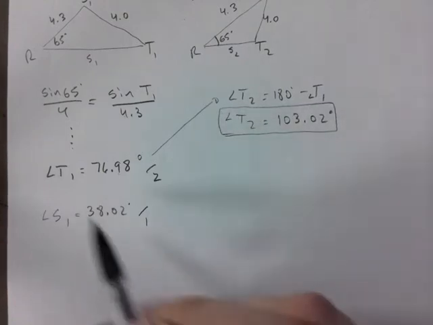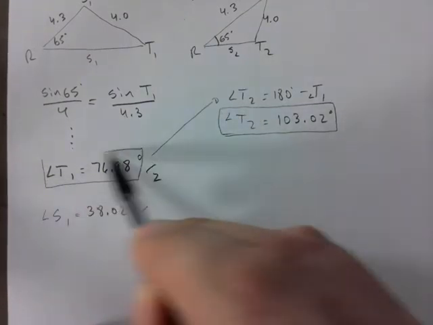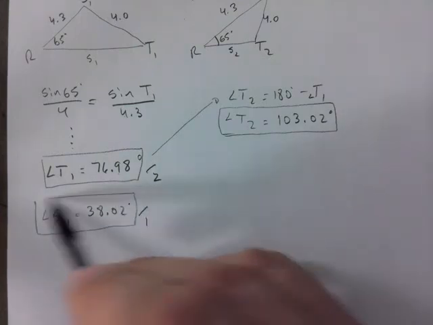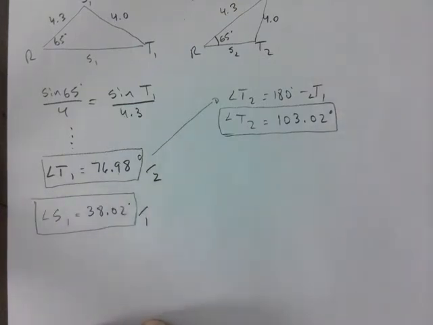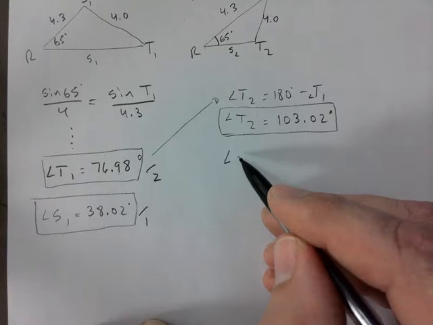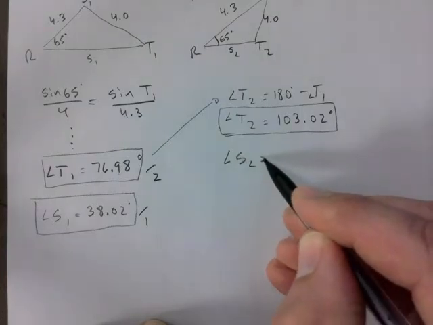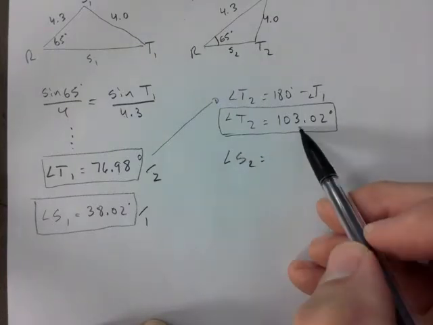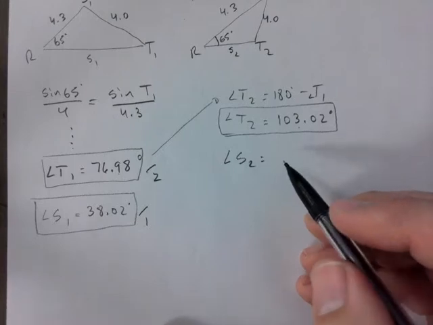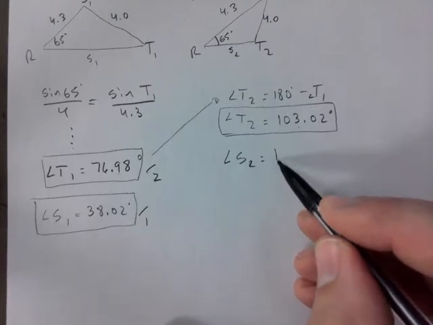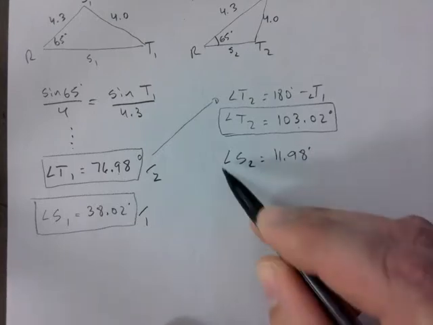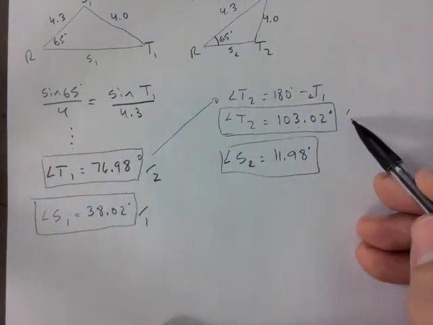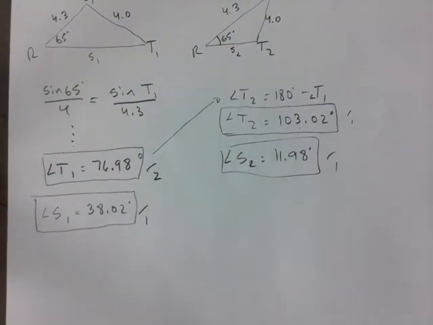Oh, I guess we can box these in because we're solving the thing, right? We're slowly solving everything. And so angle S2 is just 180 minus 103 minus 65. It's 11.98. So you get 1 mark for each of these here. 1, 1, 1 for all of those. Okay. And here's the final.